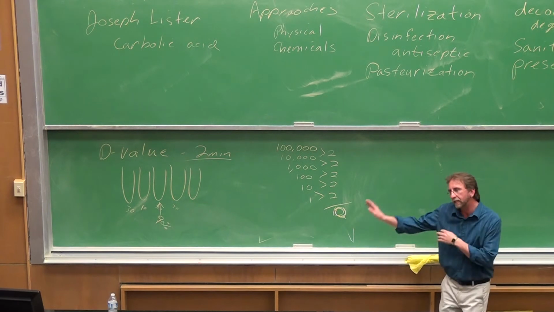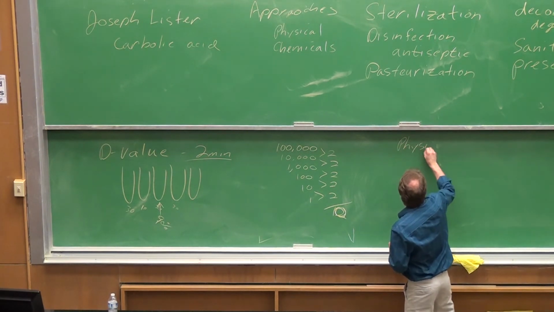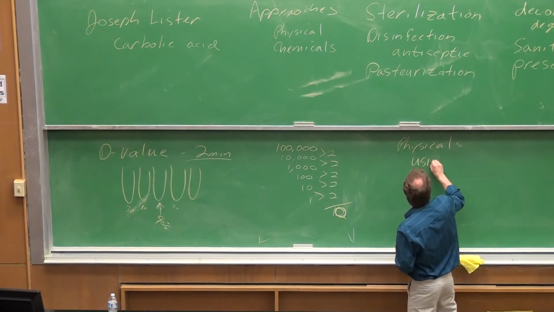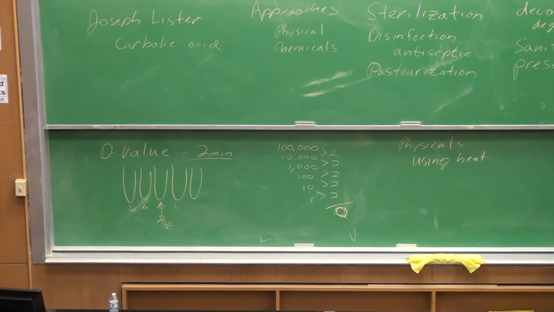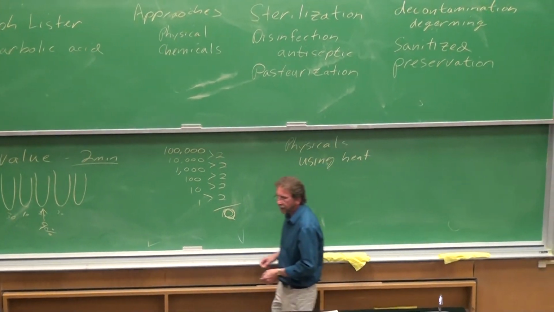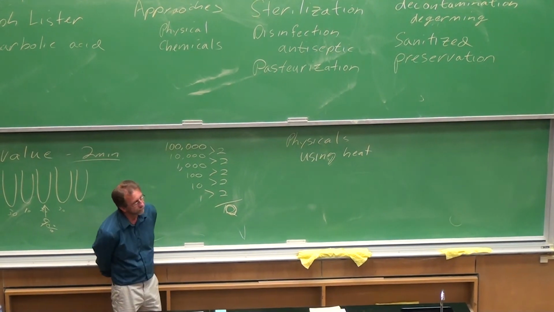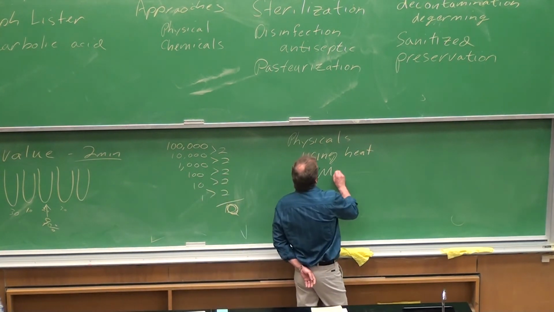But we can also, in a physical sense, remove bacteria using heat. This is pretty much what we do in the laboratory when we flame our loop: we're using heat to sterilize our loop to kill the bacteria.